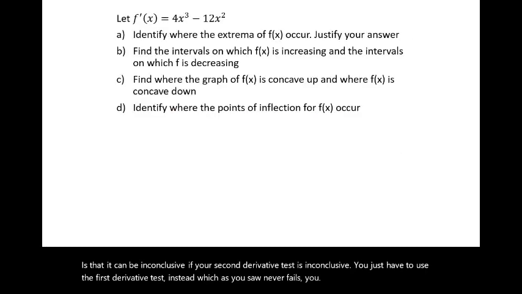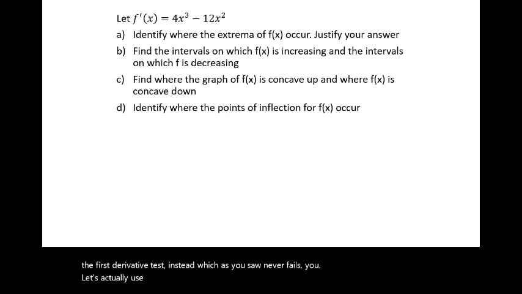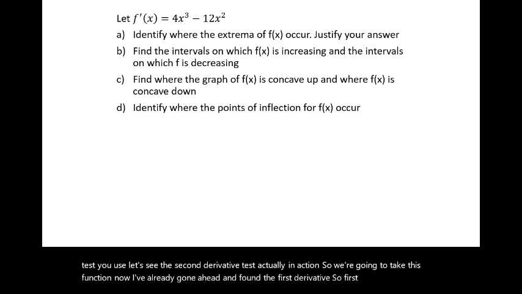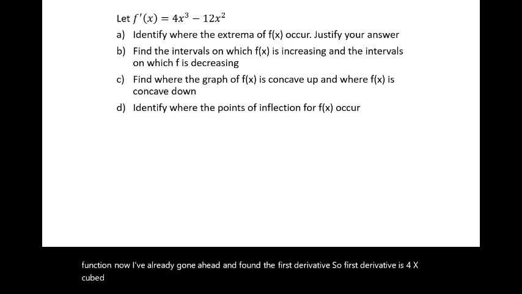Let's actually use the second derivative test, because while I do leave it mostly up to you which test you use, let's see it in action. So we're going to take this function. I've already gone ahead and found the first derivative: 4x cubed minus 12x squared.